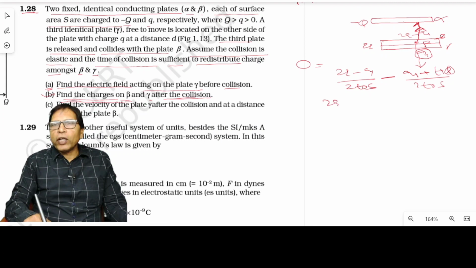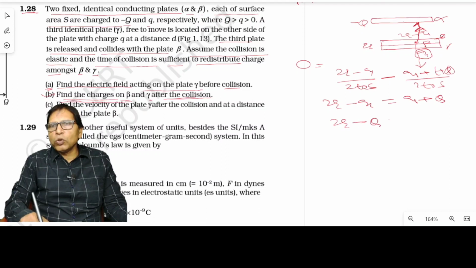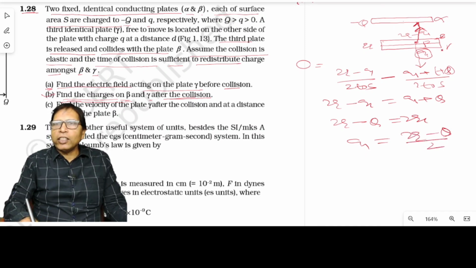So 2q minus q1 equals q1 plus q. So 2q minus q equals 2q1, so q1 equals (2q minus q) by 2. So the charge on gamma is (2q minus q) by 2.